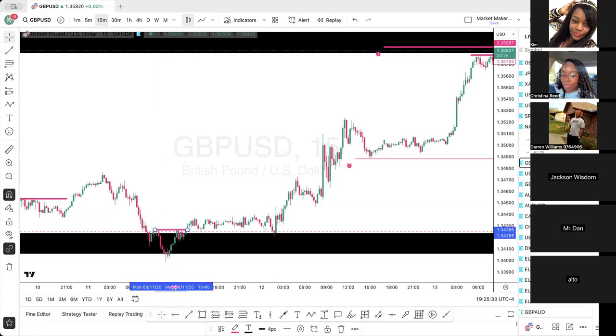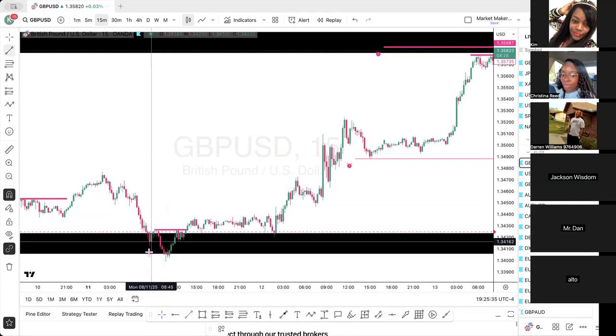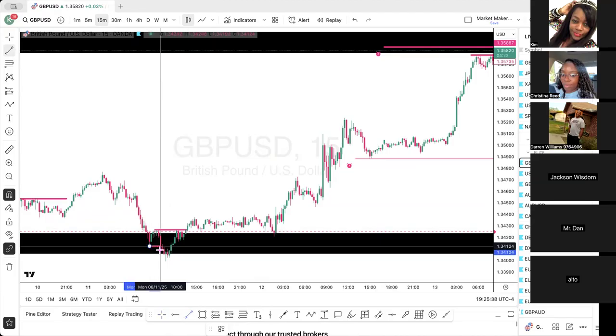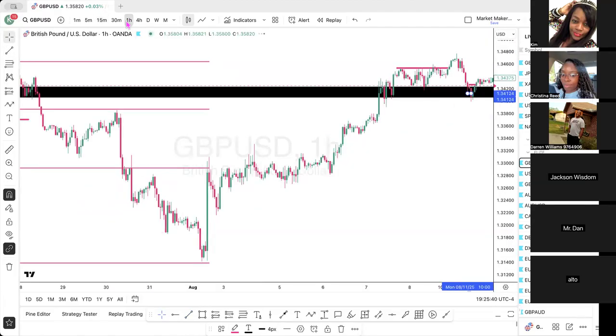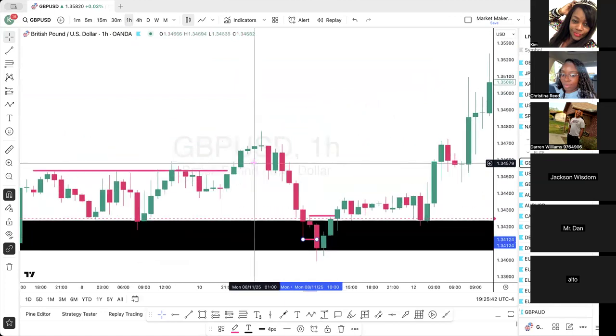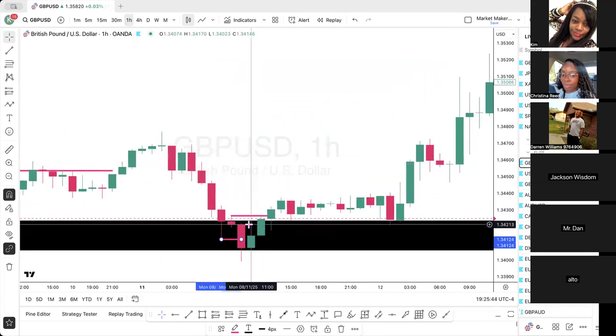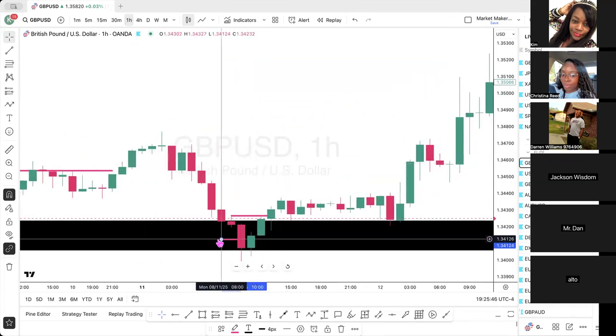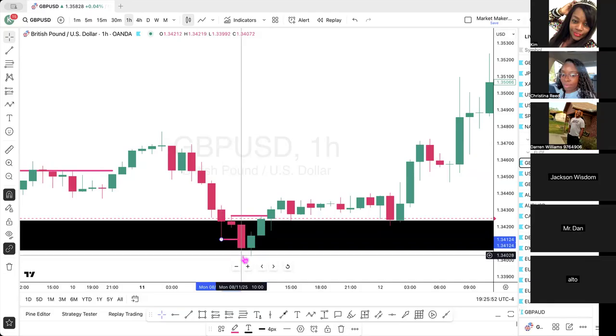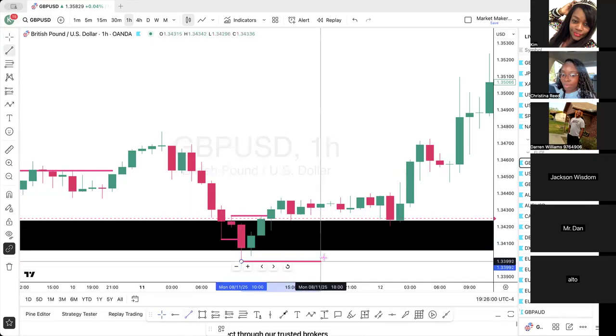This is my swing high. This is my break of structure. And let me see what it looks like on the 1 hour. Yep. So once I saw that wick, that would have been my low, my swing low. And then once this broke past it, once this closed, this would have been my new swing low.